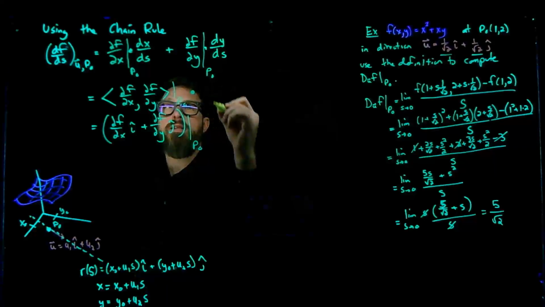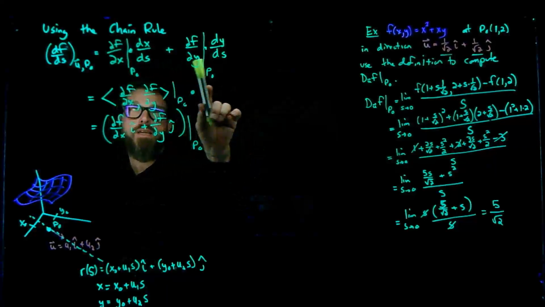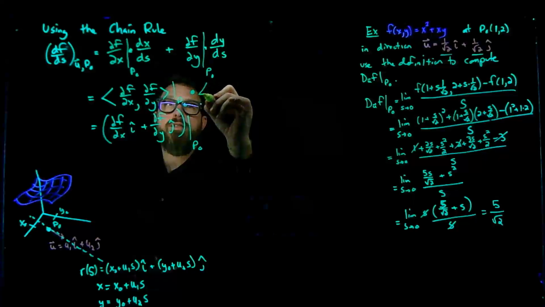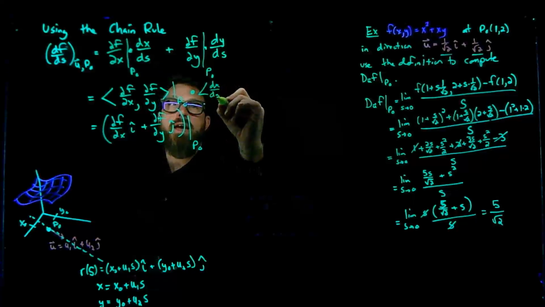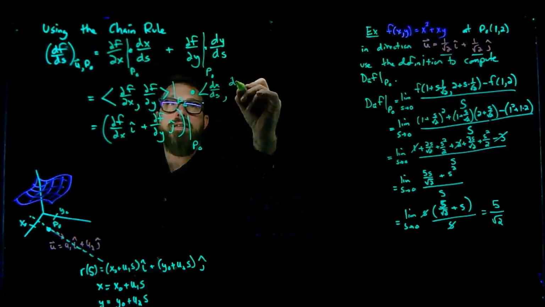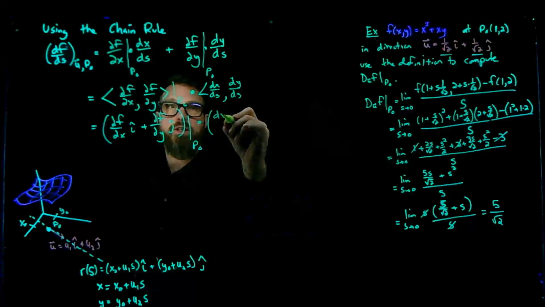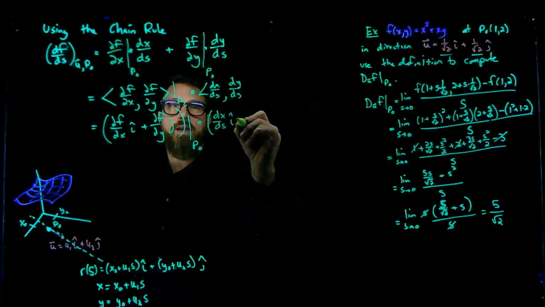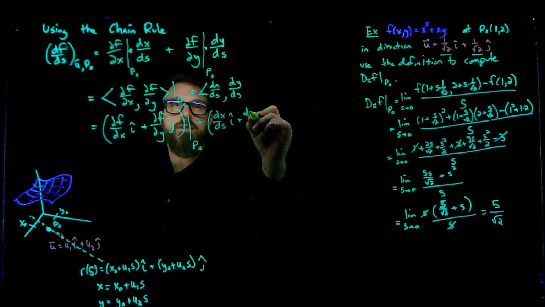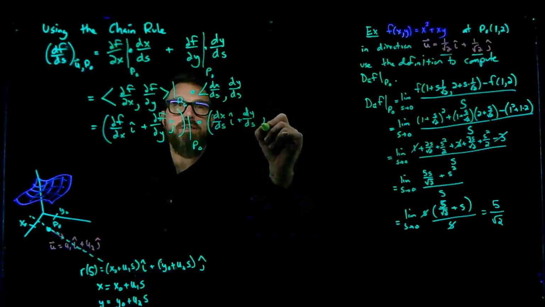And this is going to be dotted with dx ds, dy ds, or if you prefer, again, the ijk notation, dx ds i plus dy ds j.